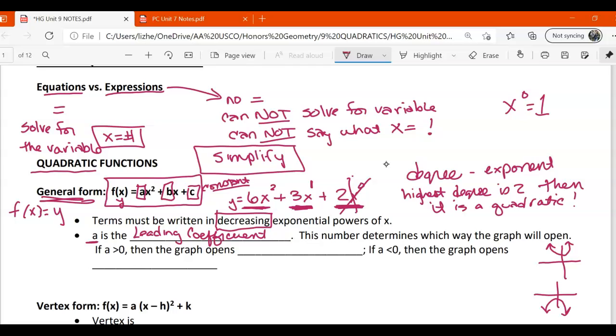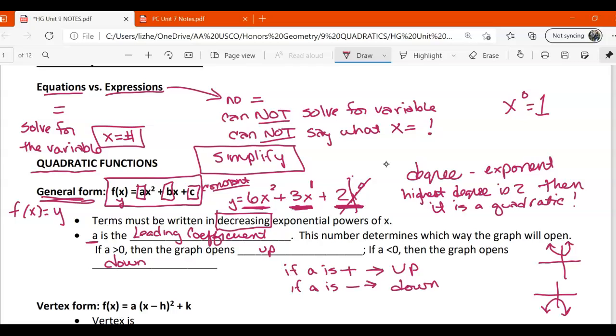If A is greater than 0, then the graph opens up. If A is less than 0, then the graph opens down. So if A is positive, we open up. If A is negative, we open down.